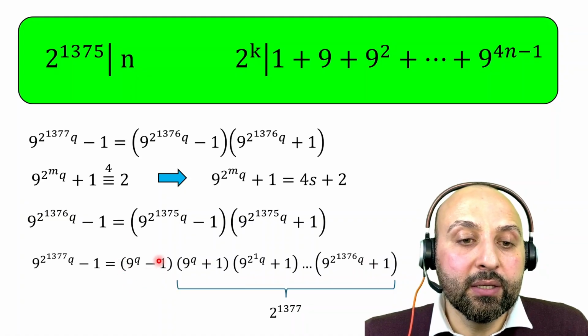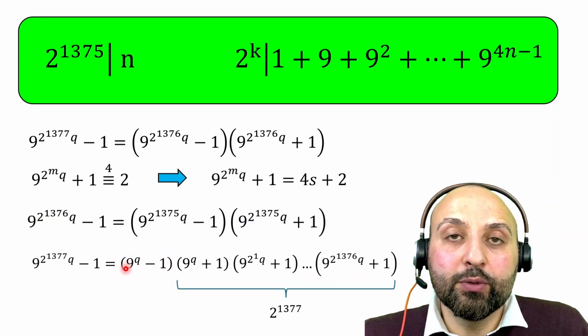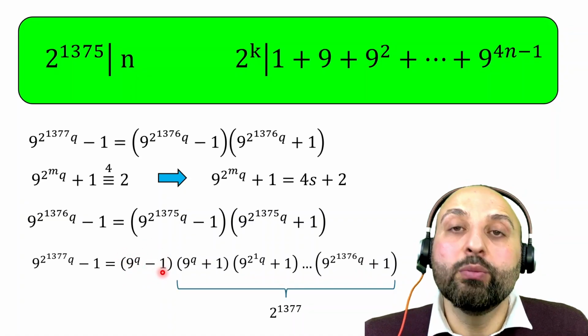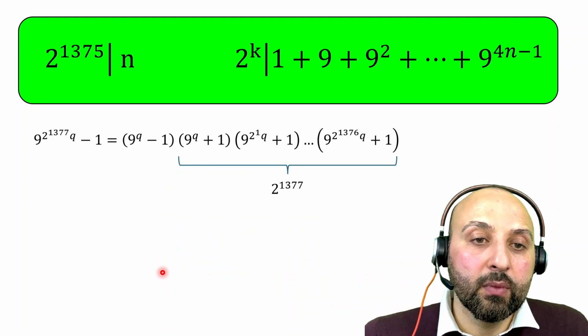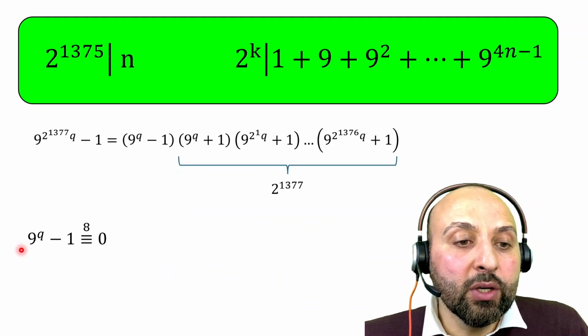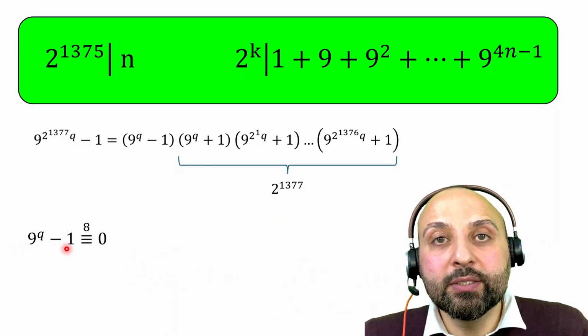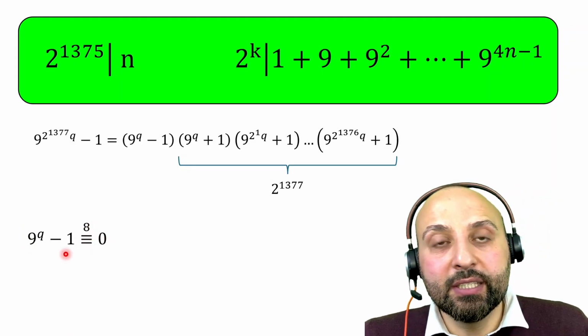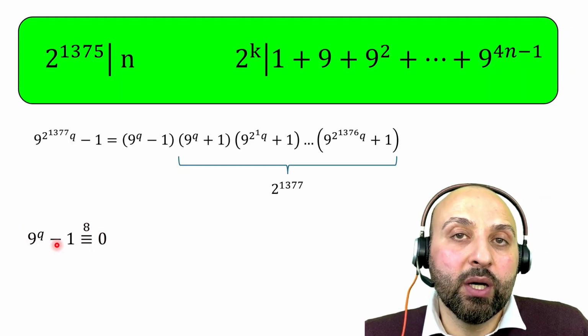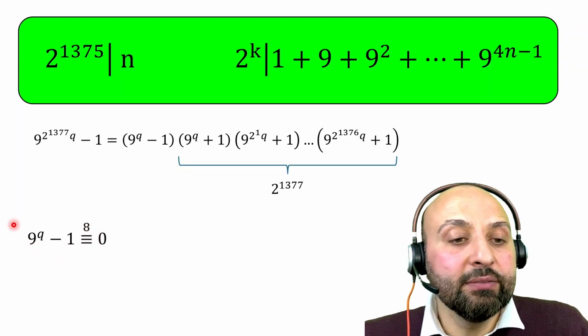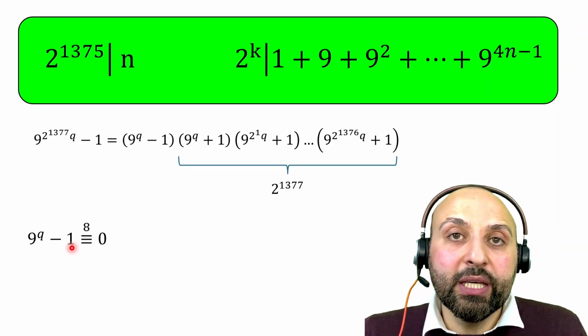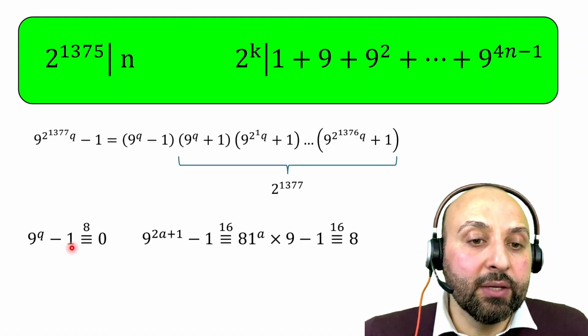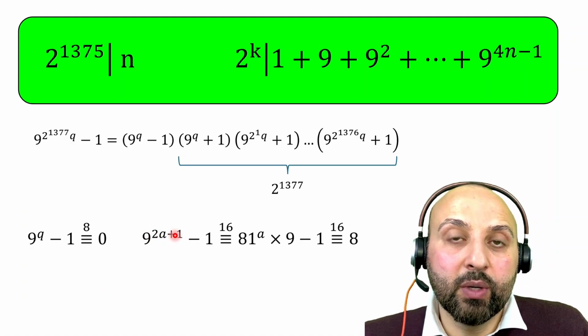We have to find what power of 2 divides 9 power q minus 1. Okay, so we know that 9 power q minus 1 modulo 8 is 0 because 9 modulo 8 is 1, 1 minus 1 is 0. So 8 divides this number. But we know that q here is an odd number, so I can write q as 2a plus 1.